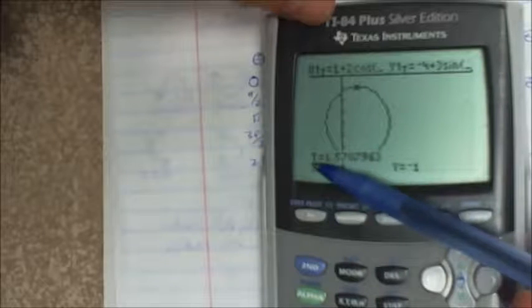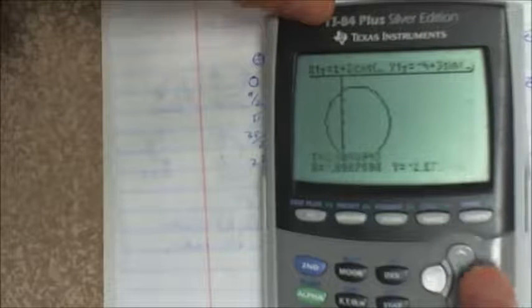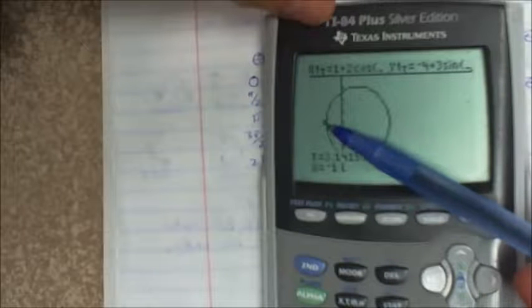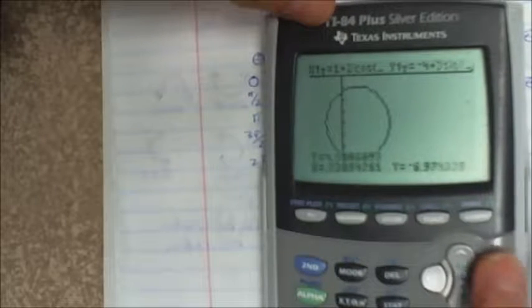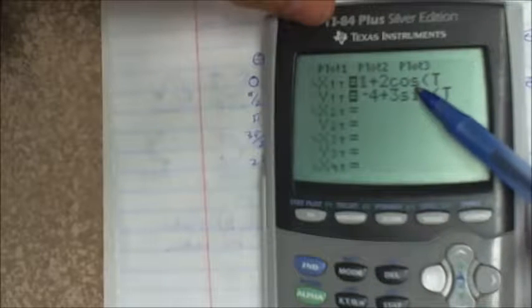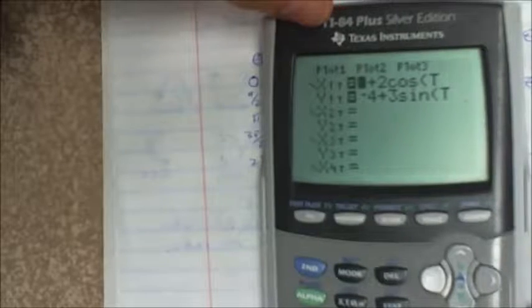When theta is pi over 2, you're up here. And then keep going, and when theta equals pi, which is 3.14, you're over here on this side. So it's going in a different direction. It's got a different starting point and a different ending point. So that's just one way of switching the orientation. It's just switching the sine and cosine functions.